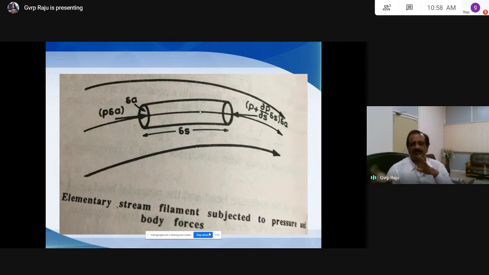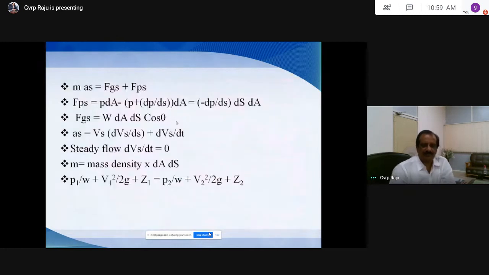And what is the weight here? Weight is equal to specific weight into volume. Specific weight is weight by volume, and weight is equal to specific weight into volume. So ds is the length and dA is the area. So area into length is the volume, so dA ds is the volume, and the weight is equal to the specific weight multiplied by the volume.